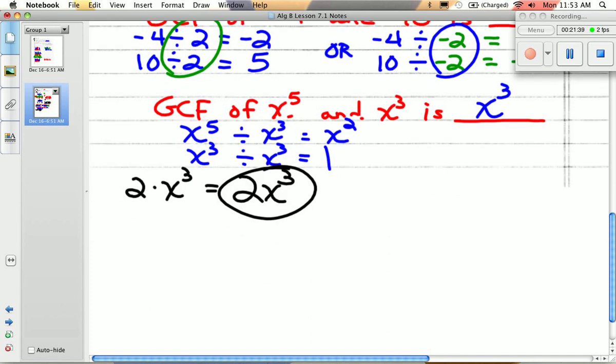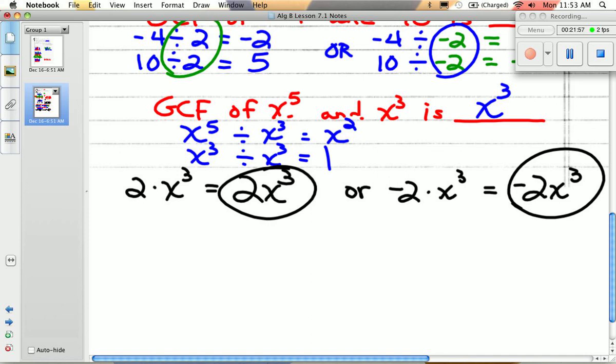But if I didn't want that negative for some reason, or I wanted to divide by a negative, I divided by -2, and my other GCF was x cubed, then my GCF is going to be -2x cubed. And that's okay. Notice it says or. There aren't 2 GCFs here, there's one or the other. You get to pick which one you like.